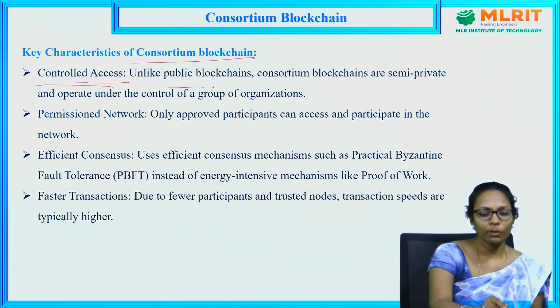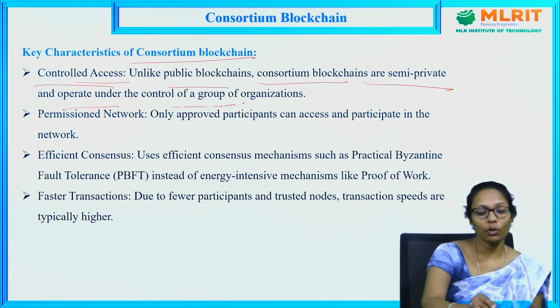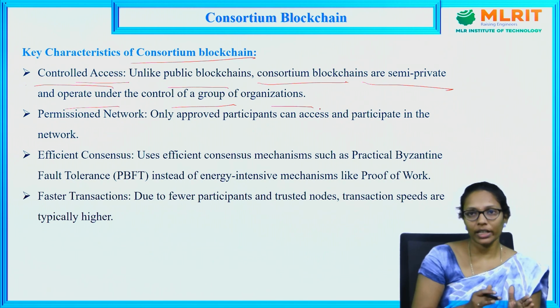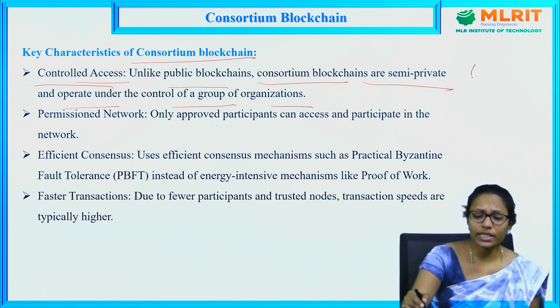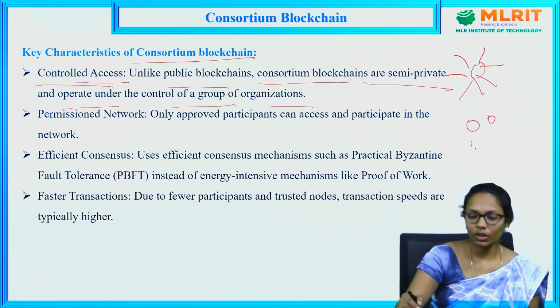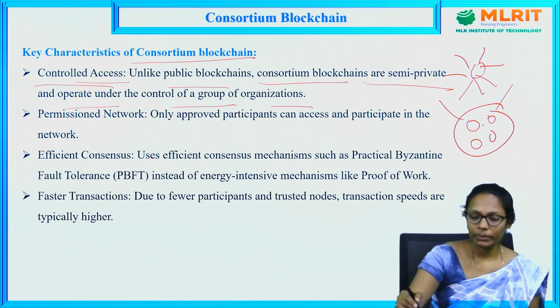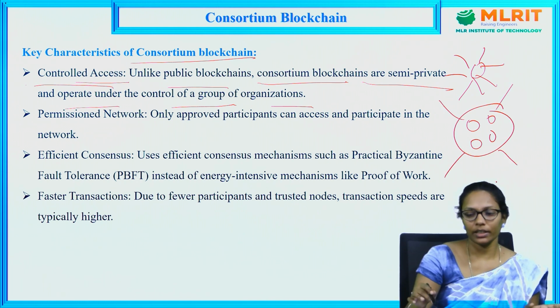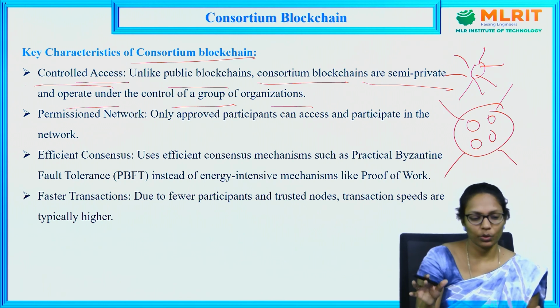Unlike public blockchain, Consortium blockchains are semi-private and operate under the control of a group of organizations. A group of organizations will handle and monitor this. If it is centralized, only one central authority will be there. But in Consortium blockchain, a set of organizations will work as the central authority.